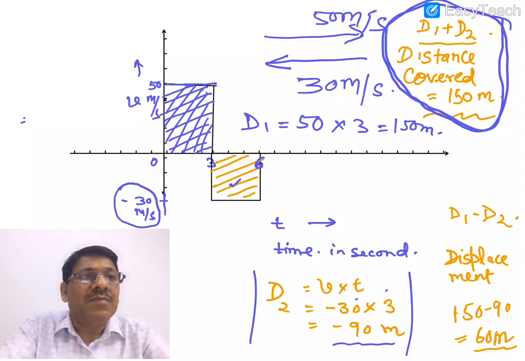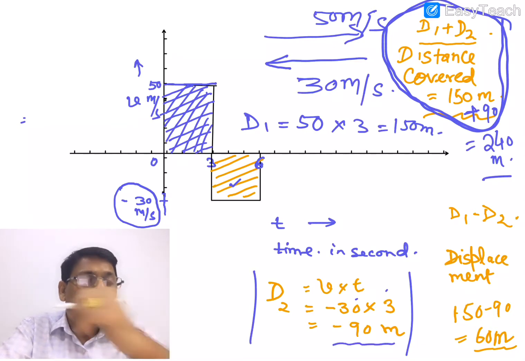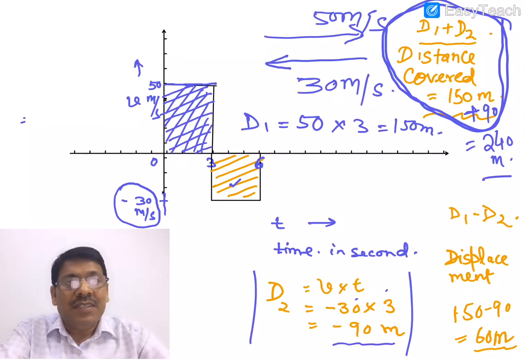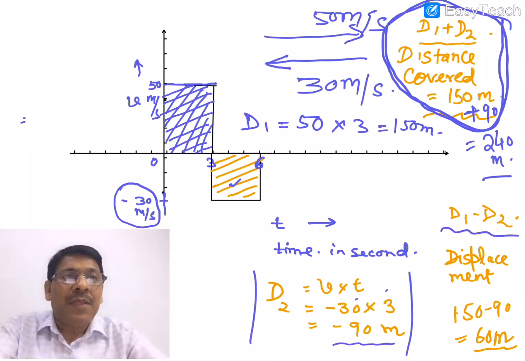Their sum, 150 plus 90, is 240 meter. And displacement, that is D1 minus D2.